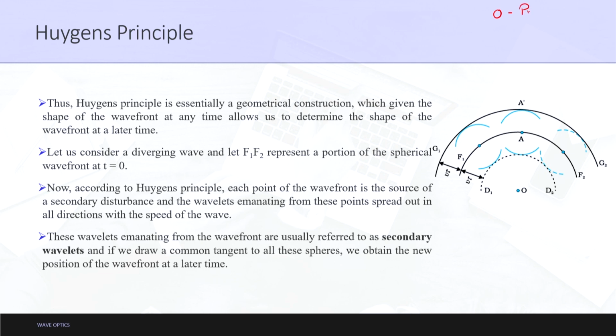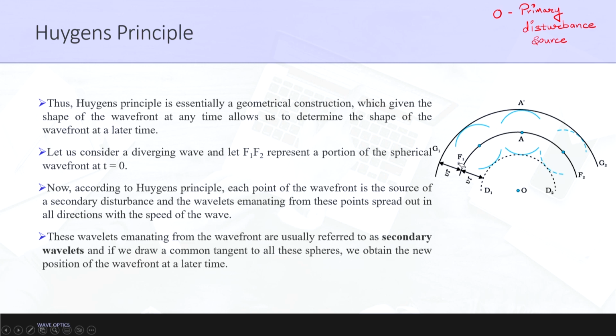Let O be the primary disturbance source. Now let us say at t equal to 0 we have this wave front. The wave front can be denoted as f1 f2. So, this is the wave front given to you, with f1 written here and f2 written here.